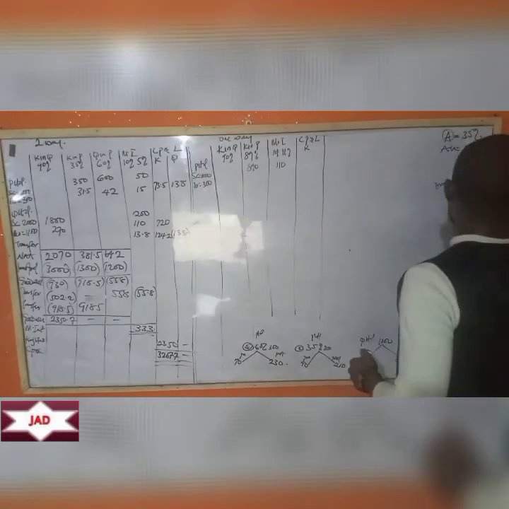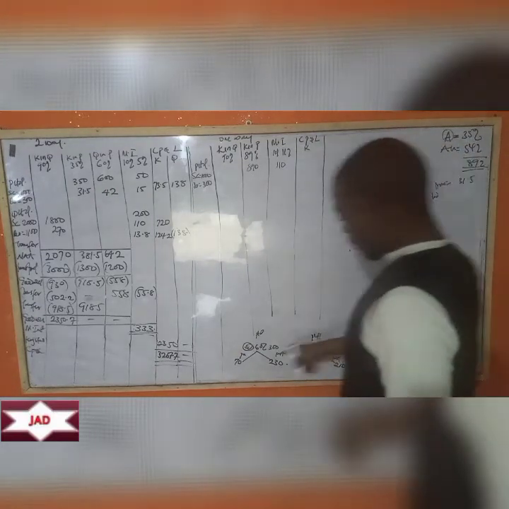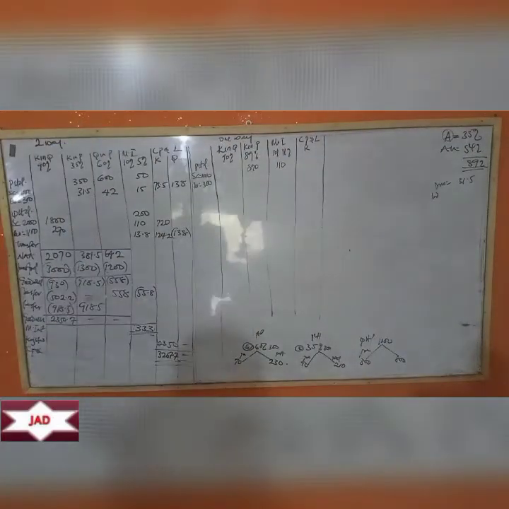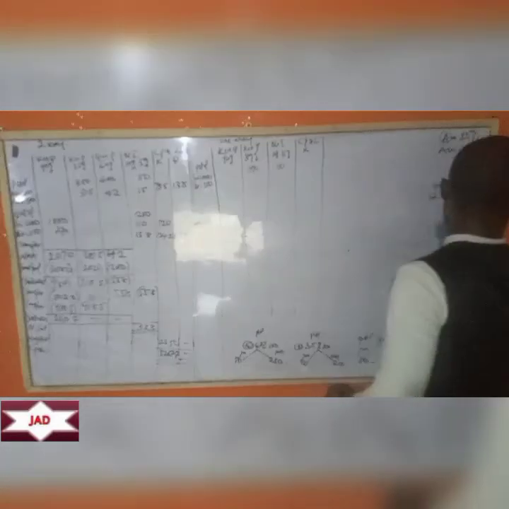Then indirectly, 54% of 70. 0.54 times 70. That's 37.8. Indirectly, we have 37.8.